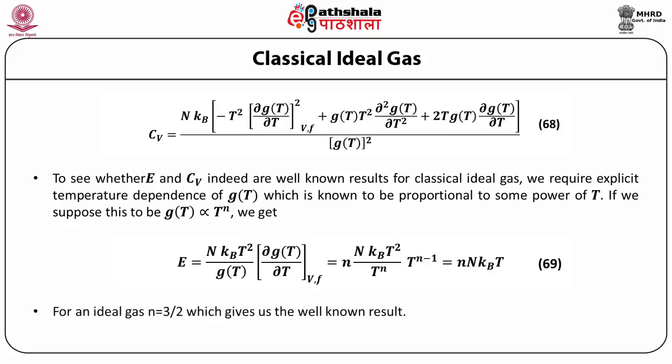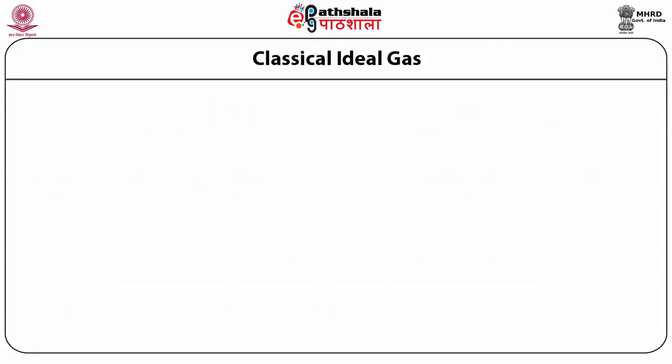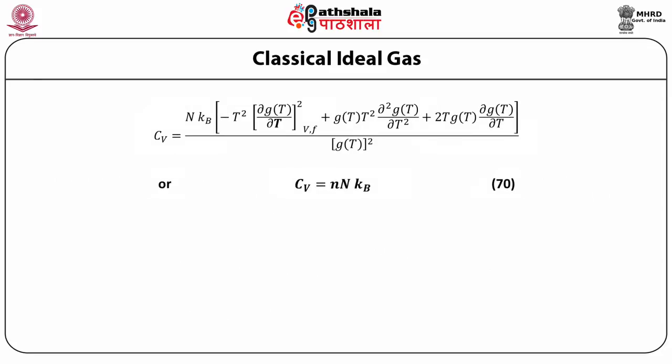For an ideal gas, small n is equal to 3 by 2, which gives us the well-known result. Similarly, using the expression for CV, we can obtain CV is equal to small n times capital N into kB, once again the well-known result.